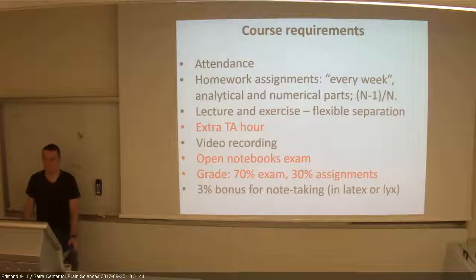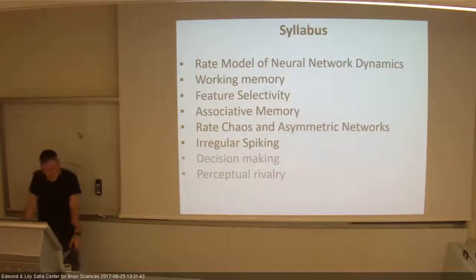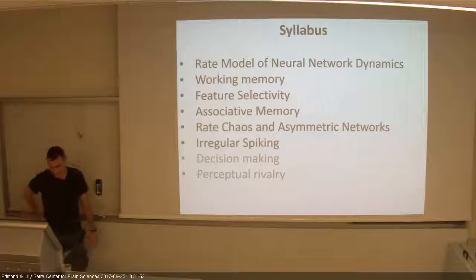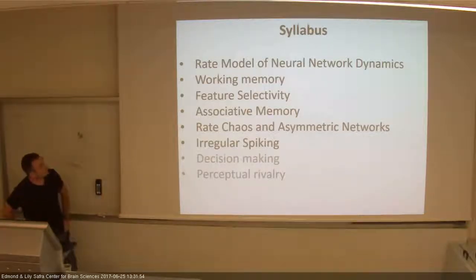More things? Okay, let's talk about the things that we did and the things that we did not do. So we spoke about the rate model of neural networks, dynamics, working memory, feature selectivity, associative memory, rate models and asymmetric networks, irregular spiking.